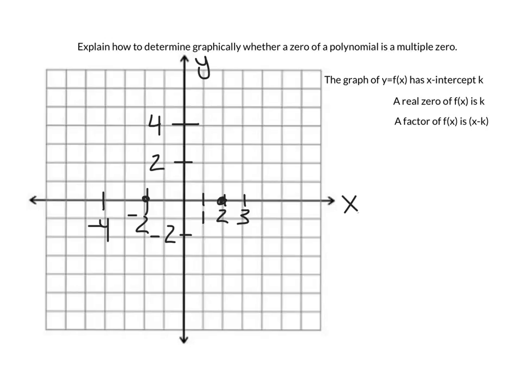I think I want to scale my y-axis a little differently because it doesn't always have to be the same as the x-axis. I'm going to do these in increments of 2, so this will be negative 4, and this will be negative 8, and this will be 4, and this will be 8.